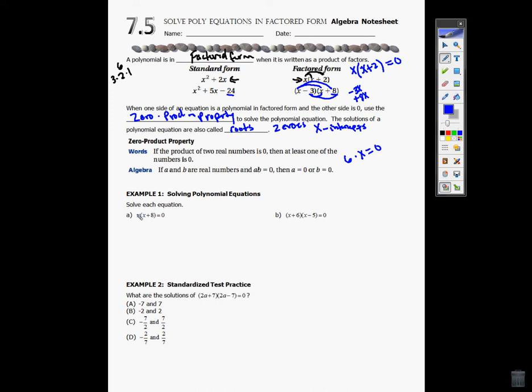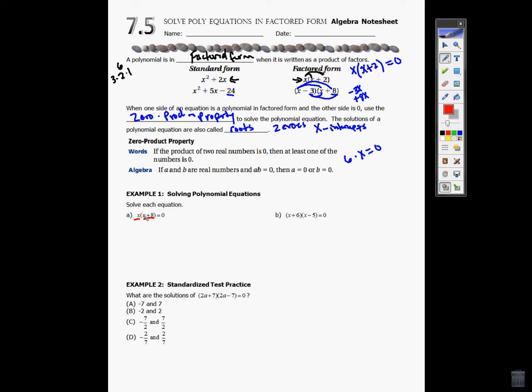So in example 1 here, I have a factored form of a particular polynomial. This polynomial would be x squared plus 8x, but it's factored out a little bit. And what I'm going to do is try to solve it. I'm actually going to get two answers, because technically I have two numbers multiplying each other.